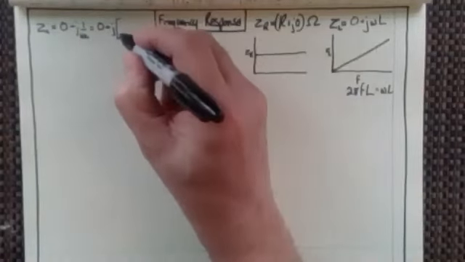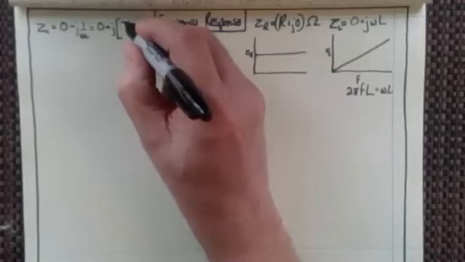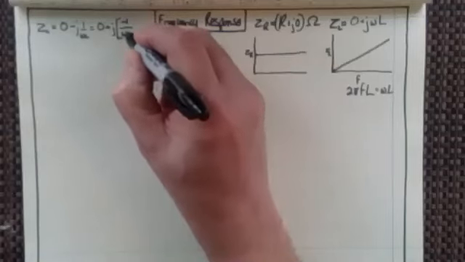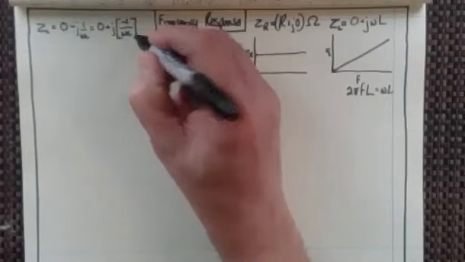But then what's inside the brackets is minus 1 over omega C.